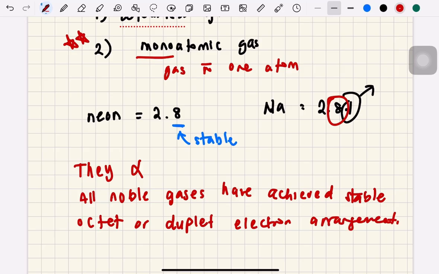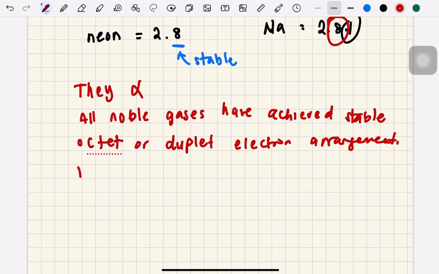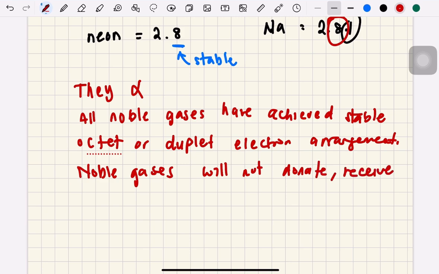This is very strict: you cannot say they are not human. You must state this next sentence: noble gases will not donate, receive, or share electron with other atoms.